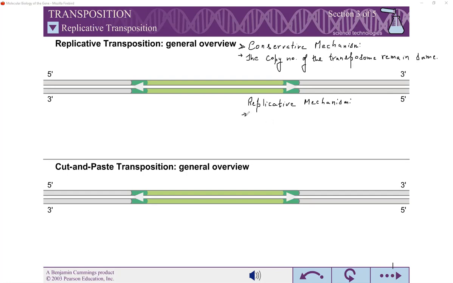When the copy number of the transposon is going to increase, then it is called the replicative mechanism.